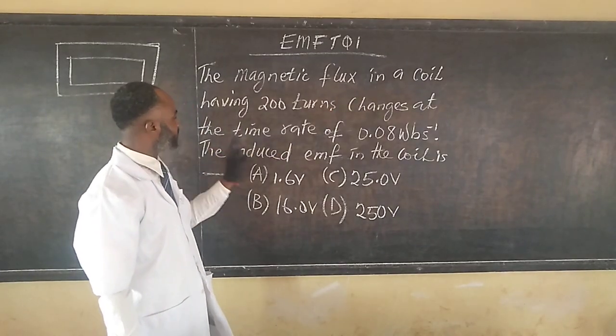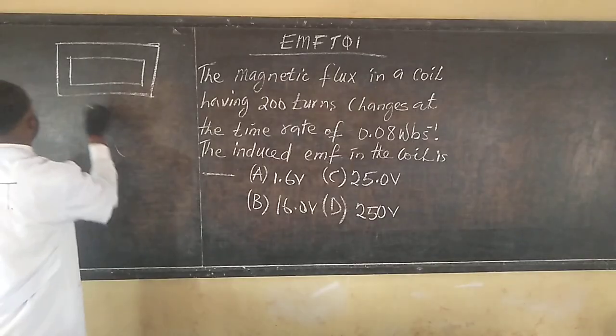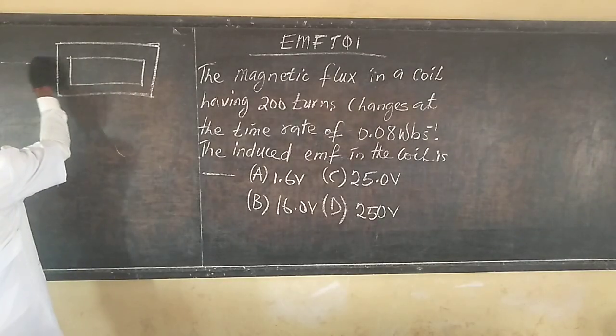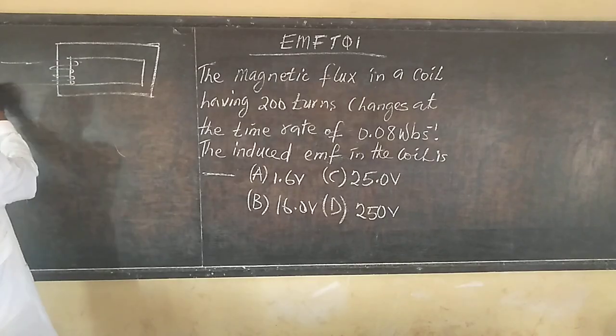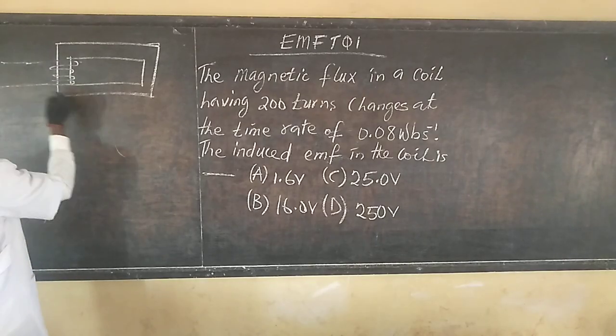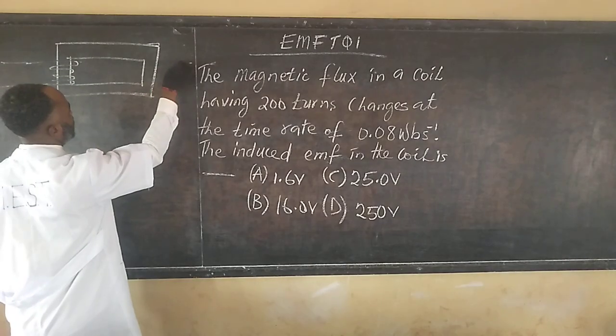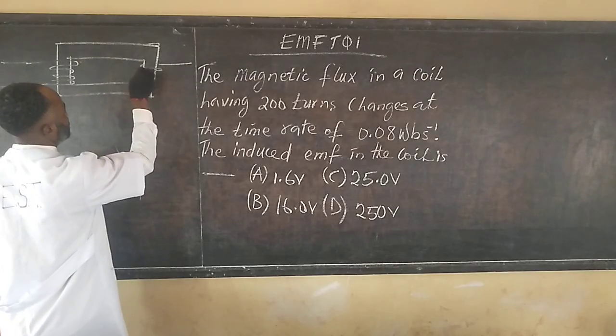If we have this primary coil of a transformer in this form, and we have the secondary coil of a transformer in this form.